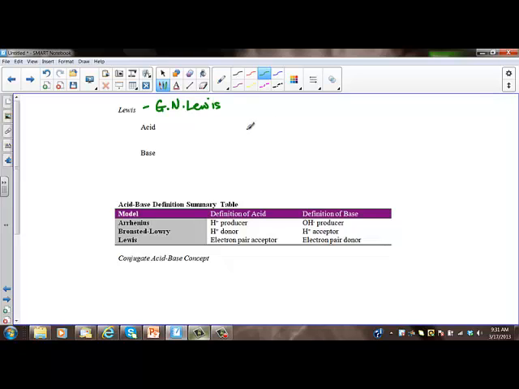And this is just another general model for acid-base behavior. He defined an acid as an electron pair acceptor, and a base is an electron pair donor.